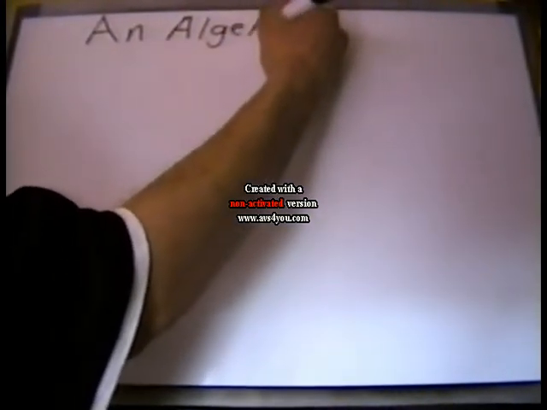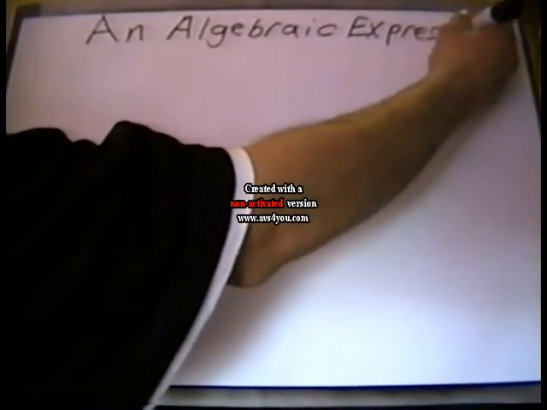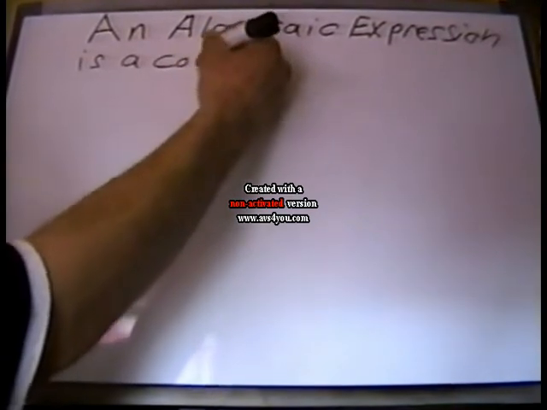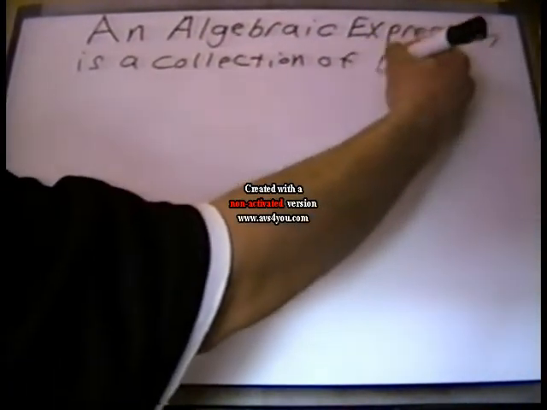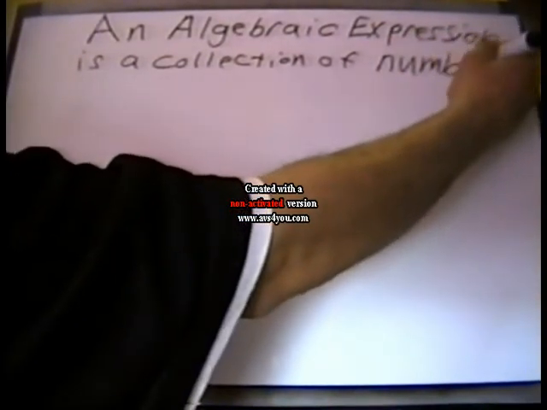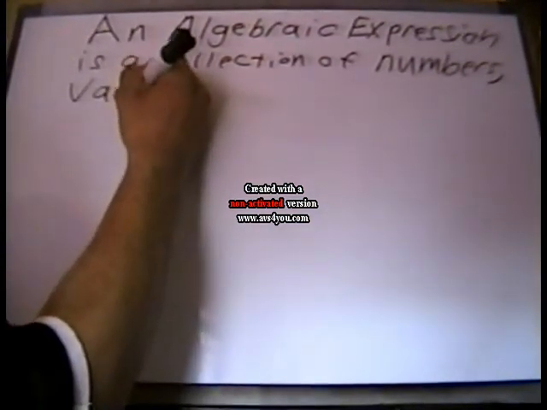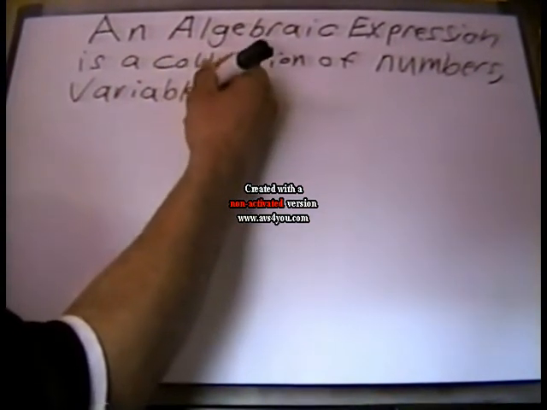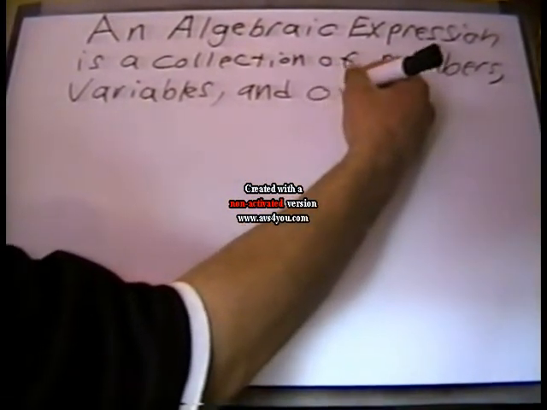Expression. Now, an algebraic expression is a collection of numbers, a collection of numbers, variables, and operation symbols.